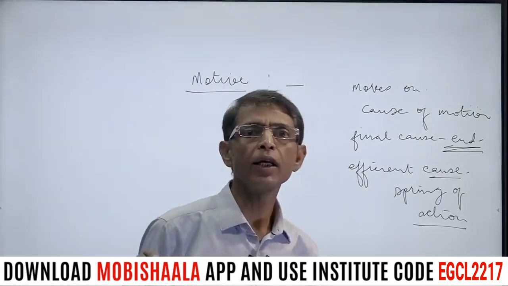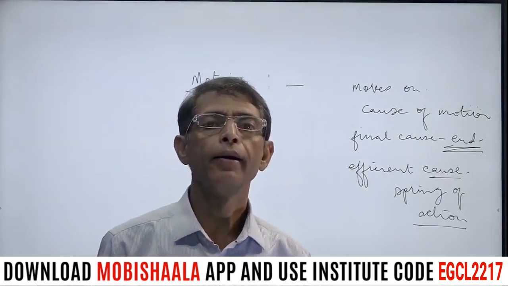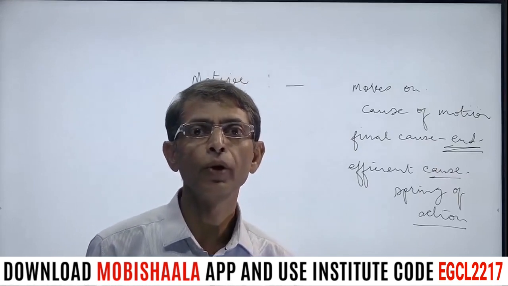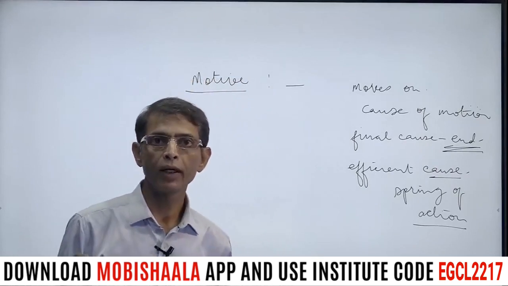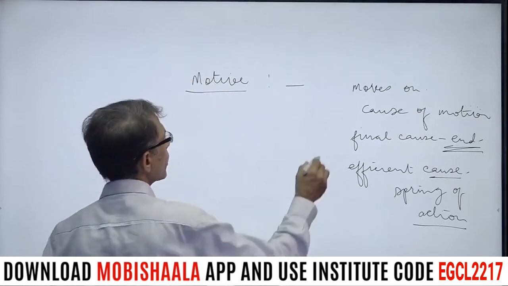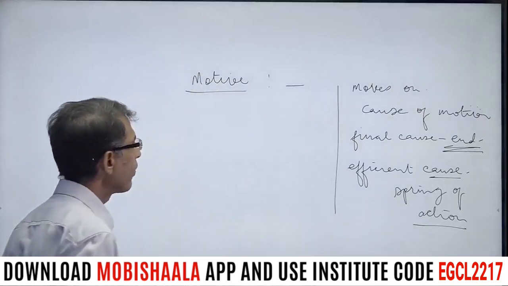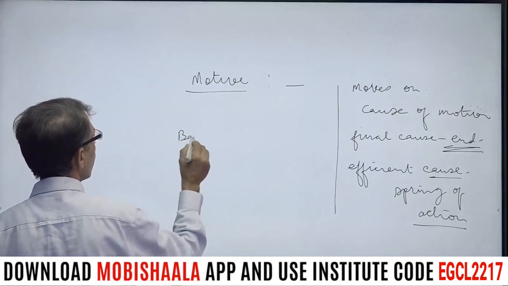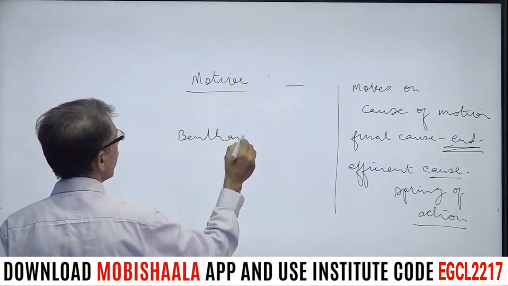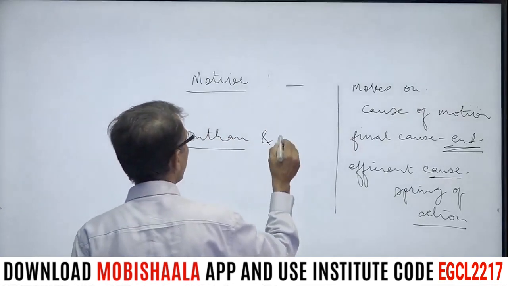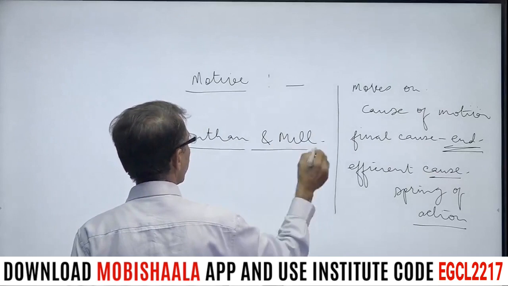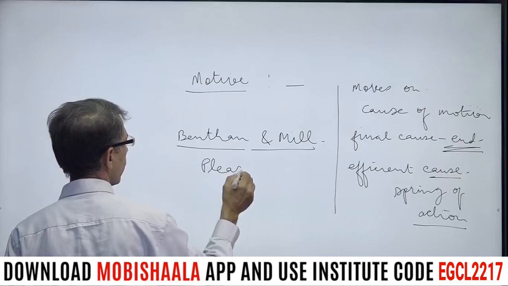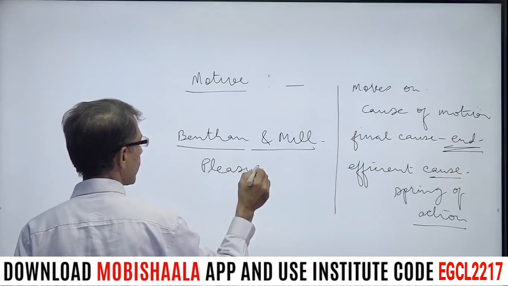And if it is taken as the cause of only end, as well as the means, as well as the cause of motion, if it is taken as both. So Bentham is a man who has defined it as the only end. So Bentham and Mill both have defined it as, pleasure is the only motive. For Bentham and Mill, pleasure is the only motive.